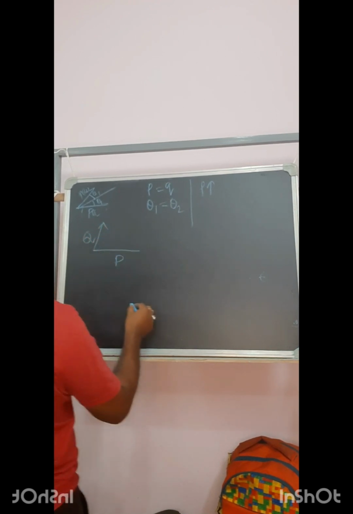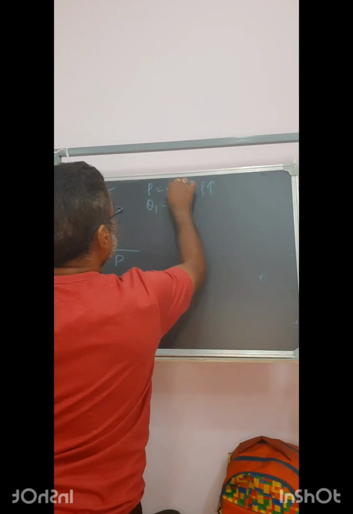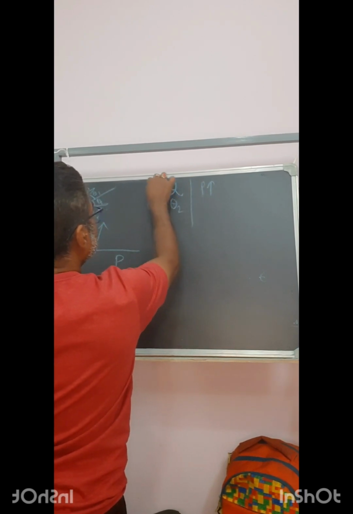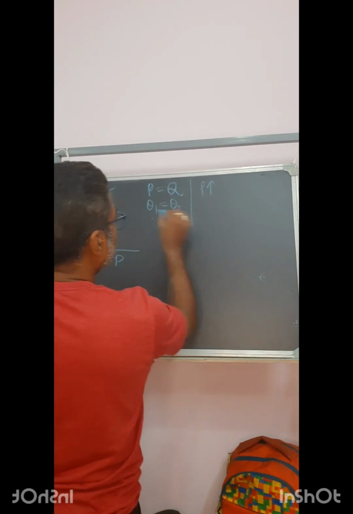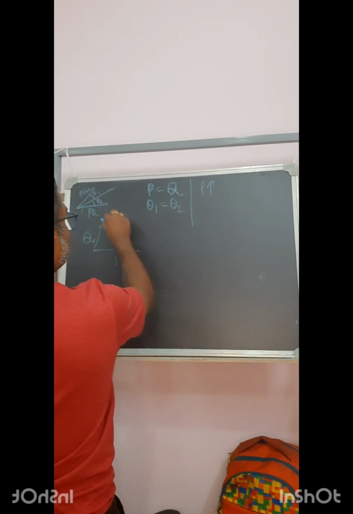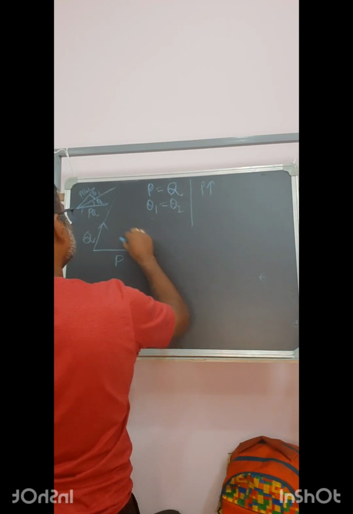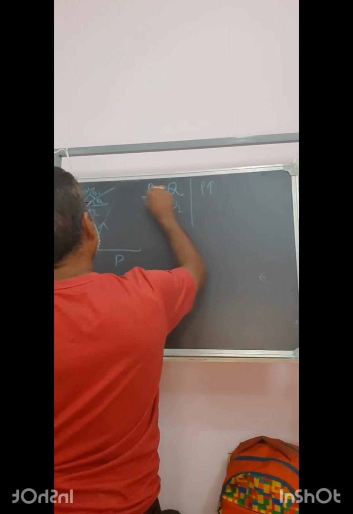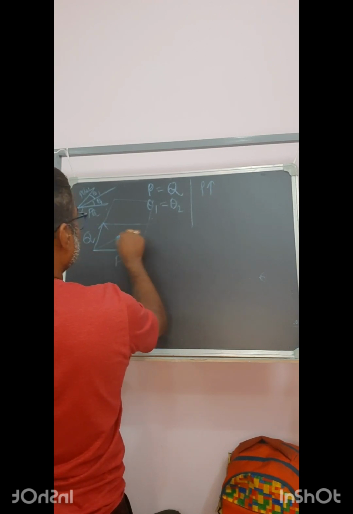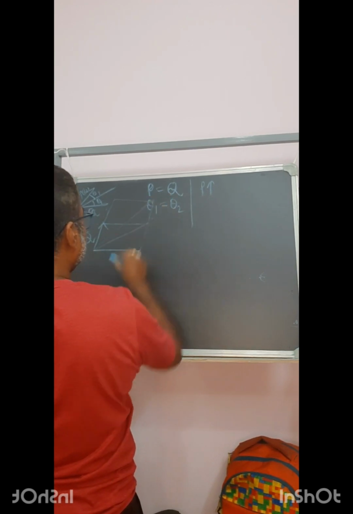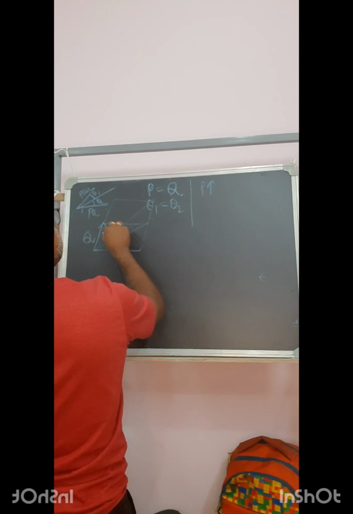This is Q vector, this is P vector. So this is the limiting condition. As P is equal to Q, theta 1 is equal to theta 2. Now any increment of Q, this will move to a larger rectangle from this. So from there, the resultant will move into this. So theta 1 increasing, theta 2 decreasing.